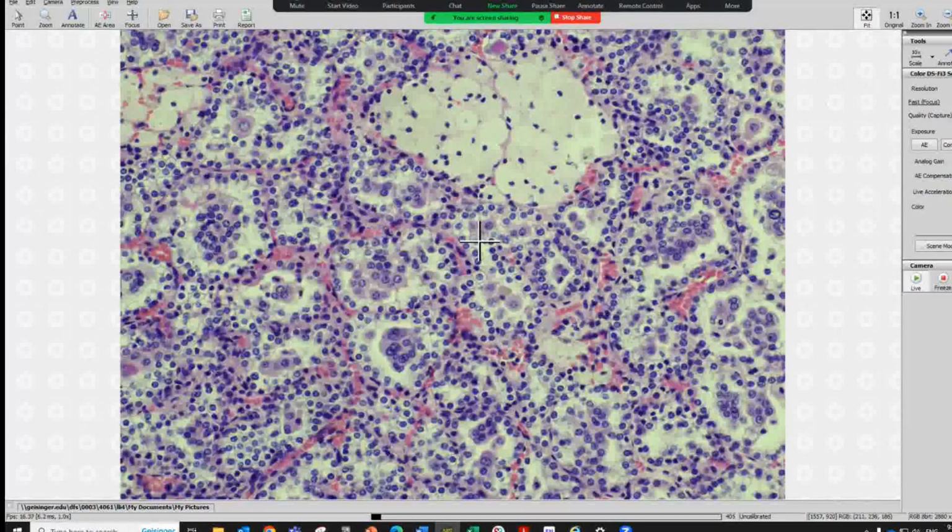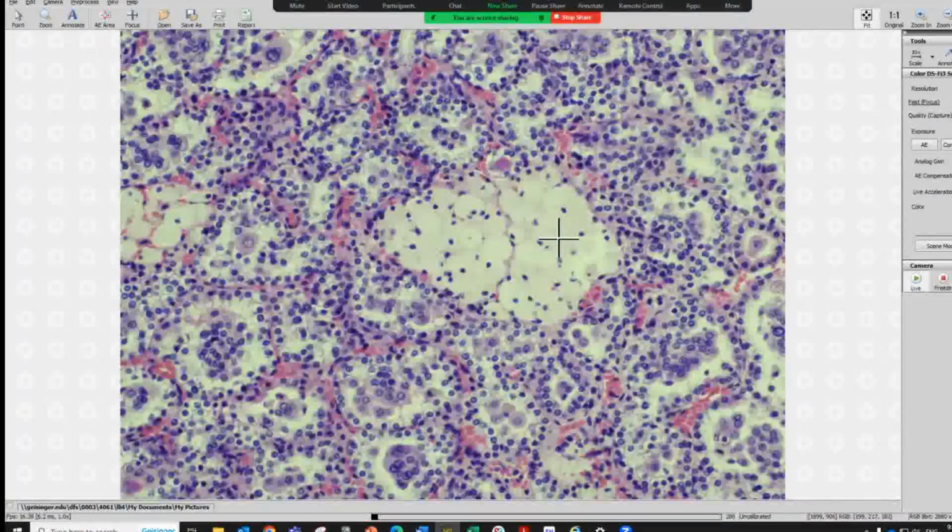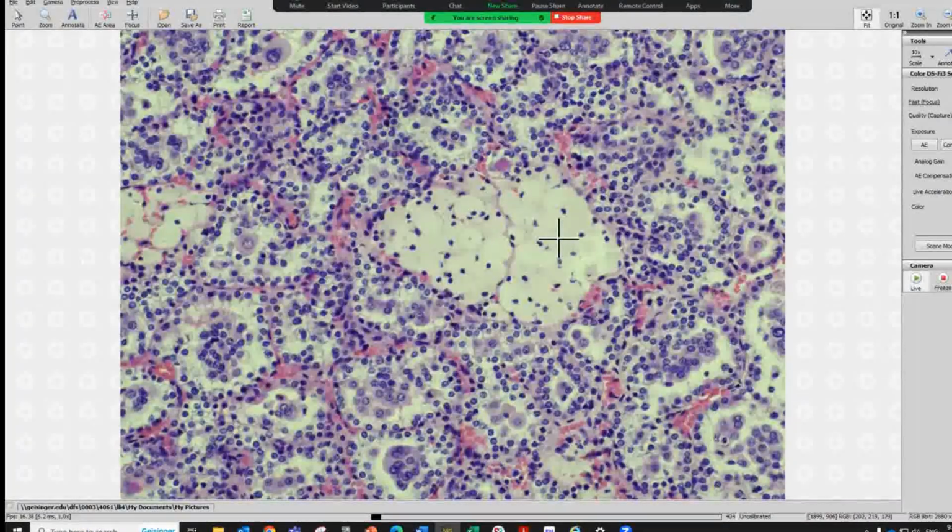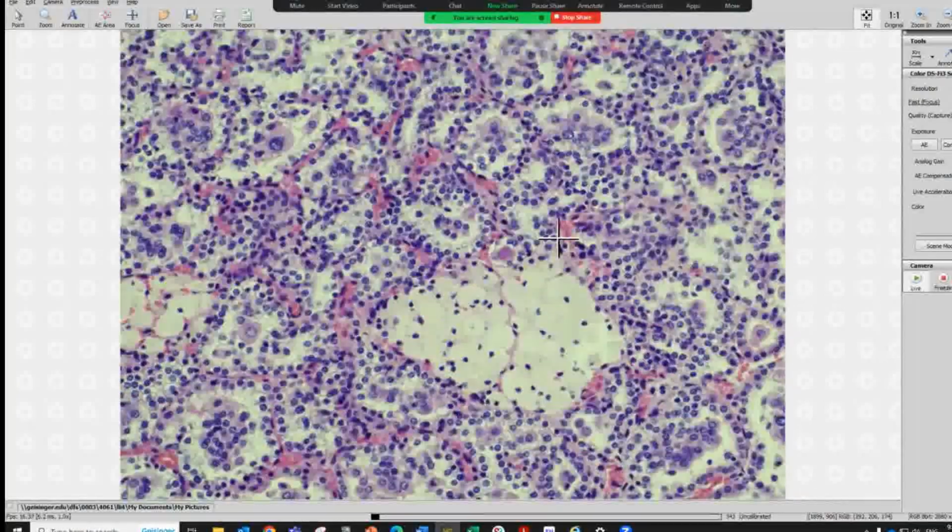I know some books, and some GU pathologists, still grade this kind of feature, like papillary RCC type 1 and type 2. I'm not a GU subspecialist, so I don't know whether they still use it or not. But I just know low grade is type 1.